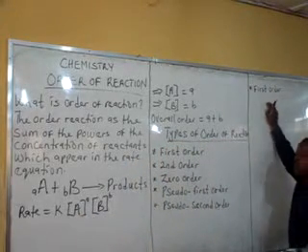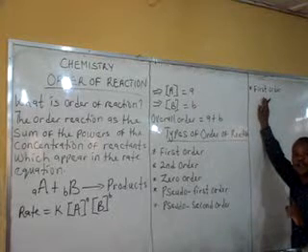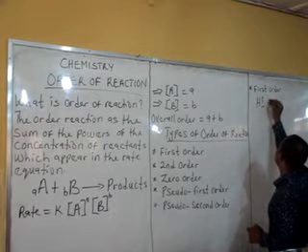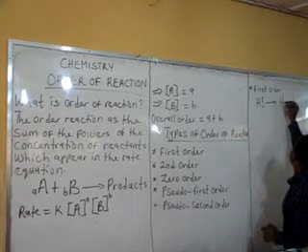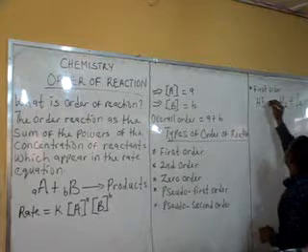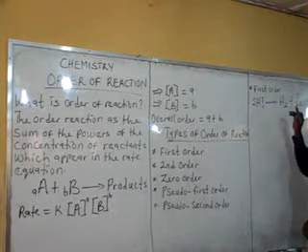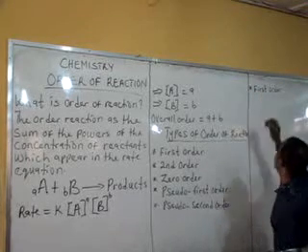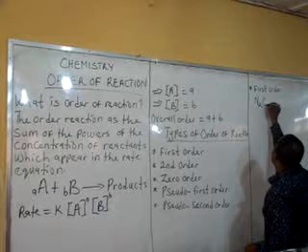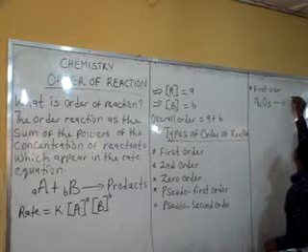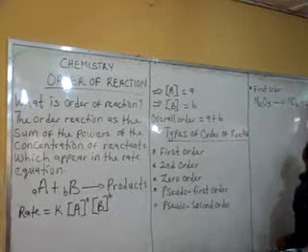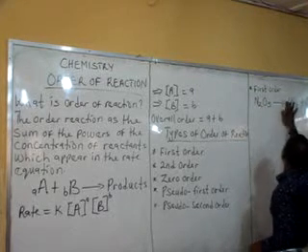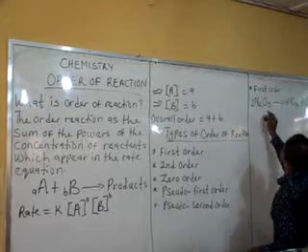Now, an example of this first order can be seen in the decomposition of hydrogen iodide, HI, giving us H2 plus I2. Let me use the decomposition of N2O5 giving NO2 plus O2, which will be 2, then 4, then 1.